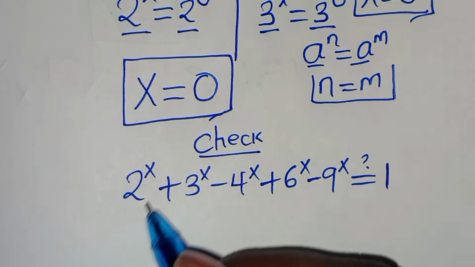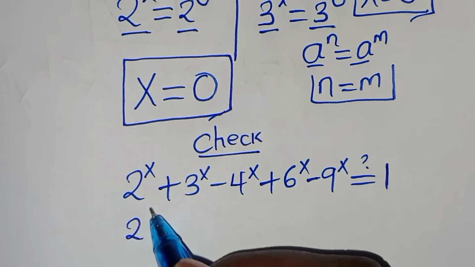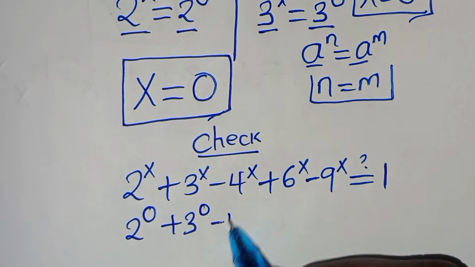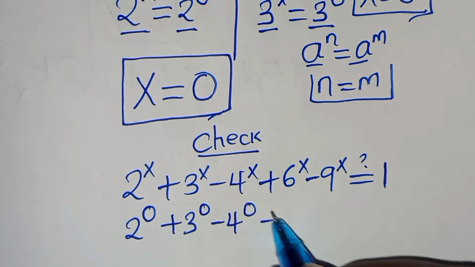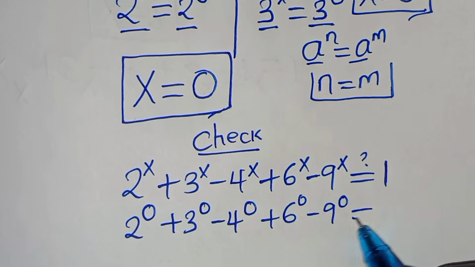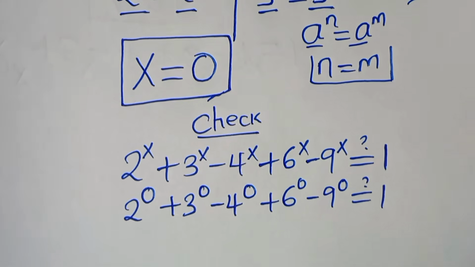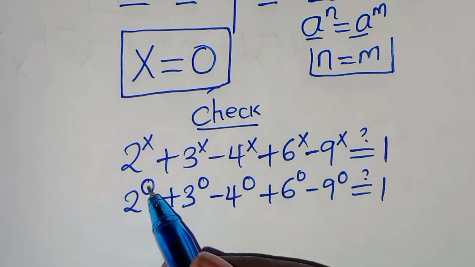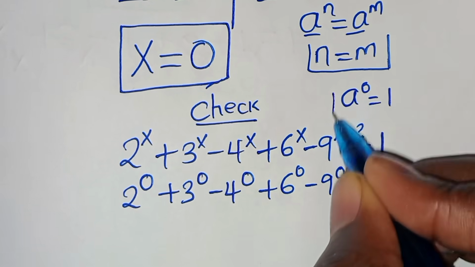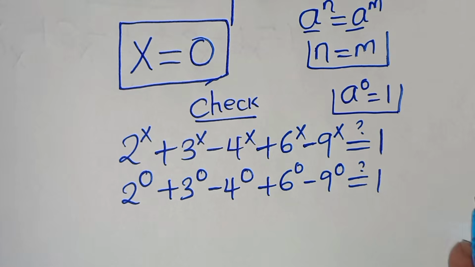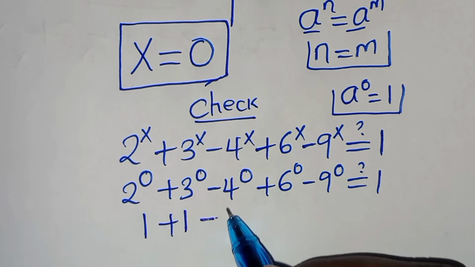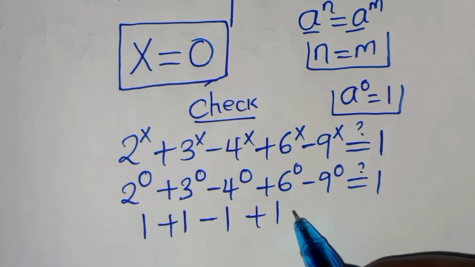Let's substitute x, which is 0. So this is 2 to the power of 0 plus 3 to the power of 0 minus 4 to the power of 0 plus 6 to the power of 0 minus 9 to the power of 0. This should give us a value of 1. Remember, a to the power of 0 is equal to 1. So this implies that 2 to the power of 0, this is 1, plus 1 minus 1, then plus 1 minus 1.